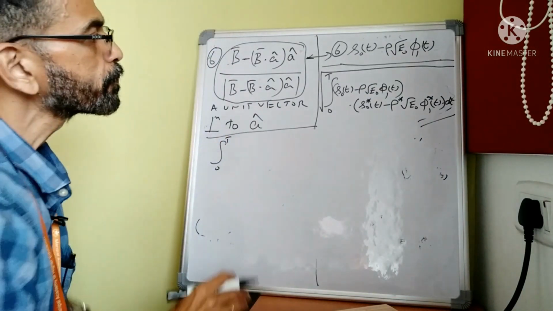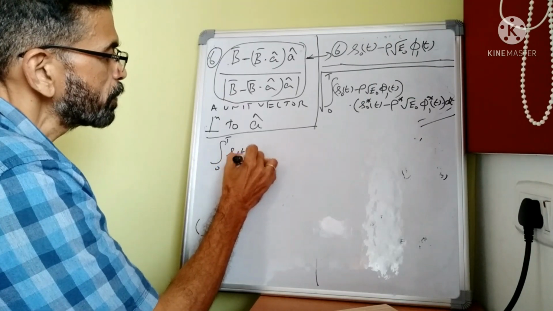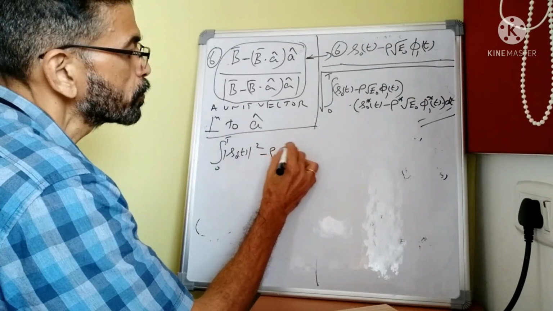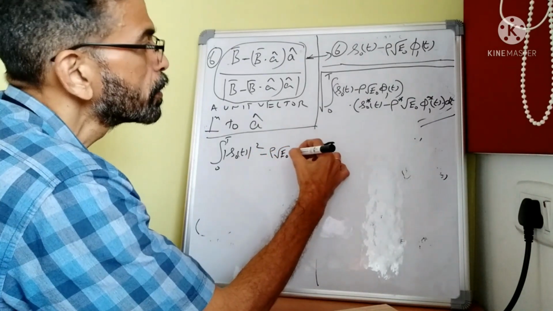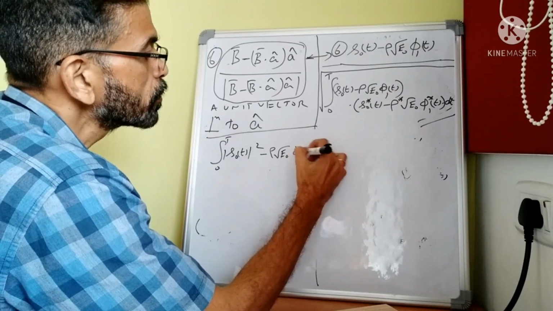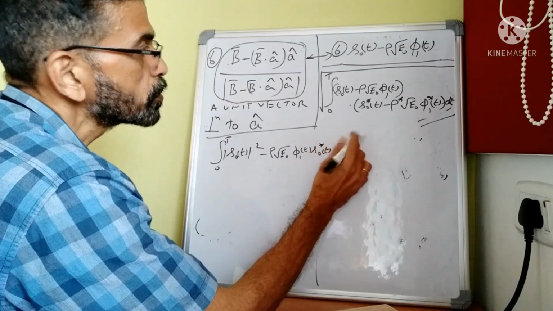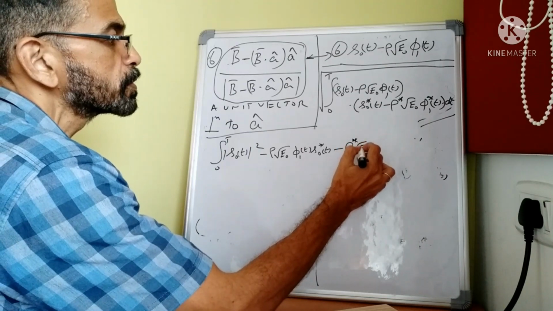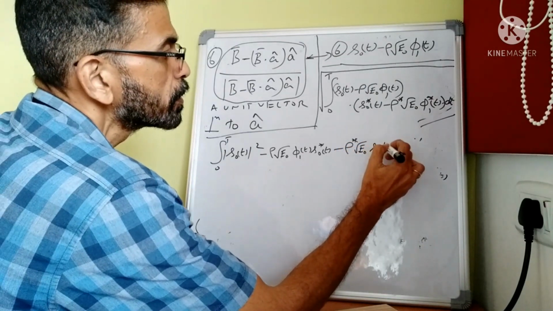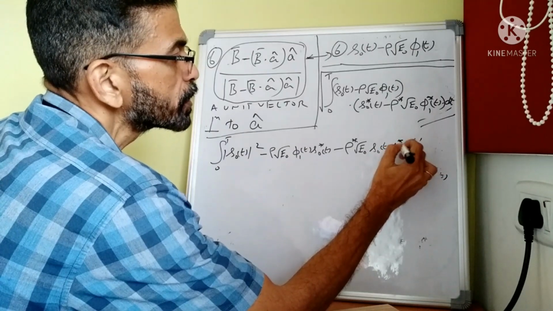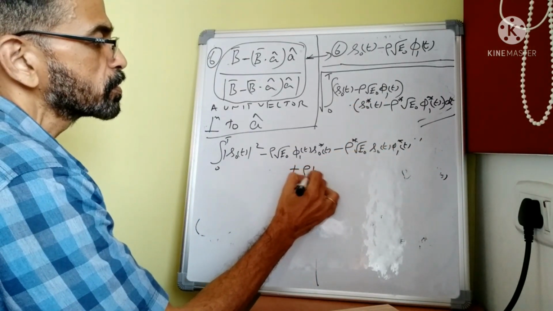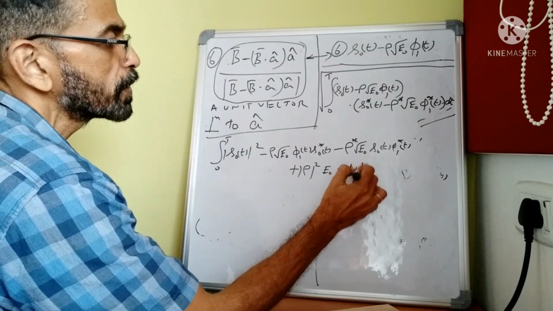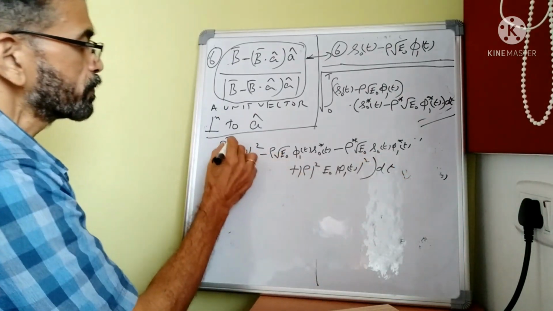Integral 0 to T of magnitude s naught(t) squared, just multiply the terms, minus rho root E naught phi 1(t) s naught conjugate(t), minus rho conjugate root E naught s naught(t) phi 1 conjugate(t), plus magnitude rho squared E naught magnitude phi 1(t) squared dt.